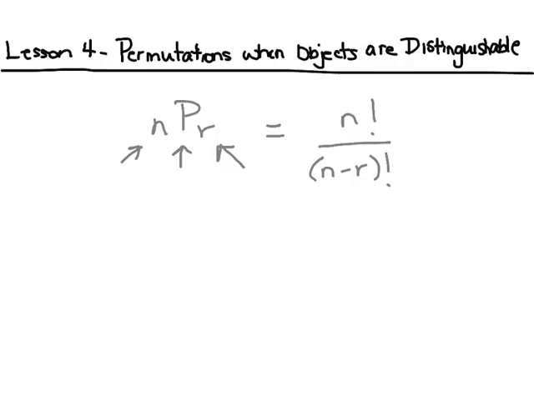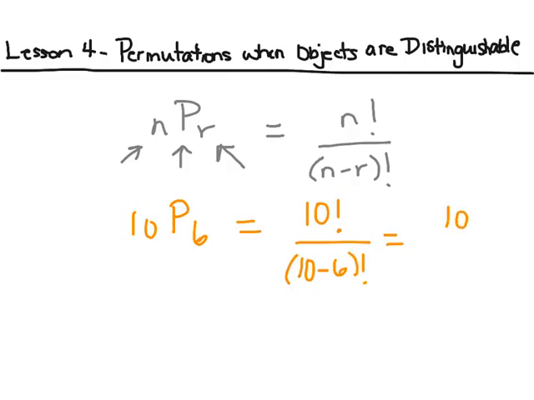For example 2, Matt has downloaded 10 new songs from iTunes to make a playlist arranged in any order. How many different 6-song playlists can he create from these new songs? We have 10 songs, and he's going to choose 6 of them. We rewrite this in factorial notation: 10 factorial divided by 10 minus 6 factorial, which is 10 factorial divided by 4 factorial.